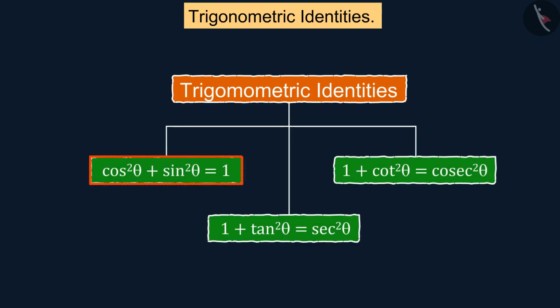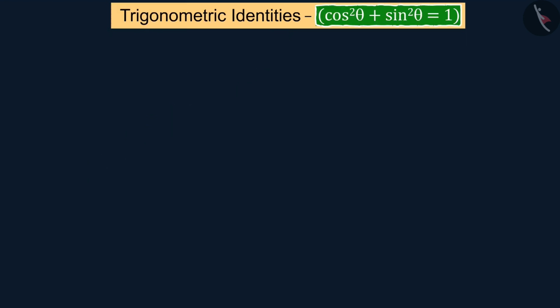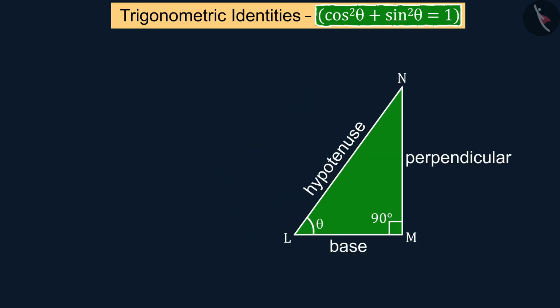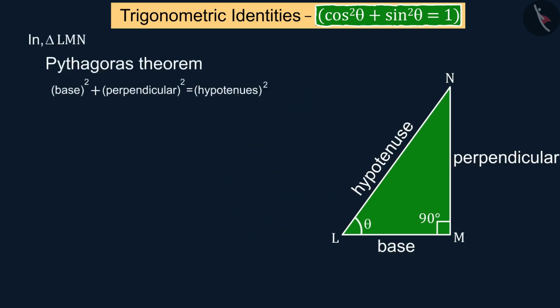Let's discuss the first trigonometric identity of these. Let's suppose triangle LMN is a right-angled triangle. If we use the Pythagoras theorem in this triangle, then we get the square of LM plus the square of MN is equal to the square of LN, which is represented by equation 1.